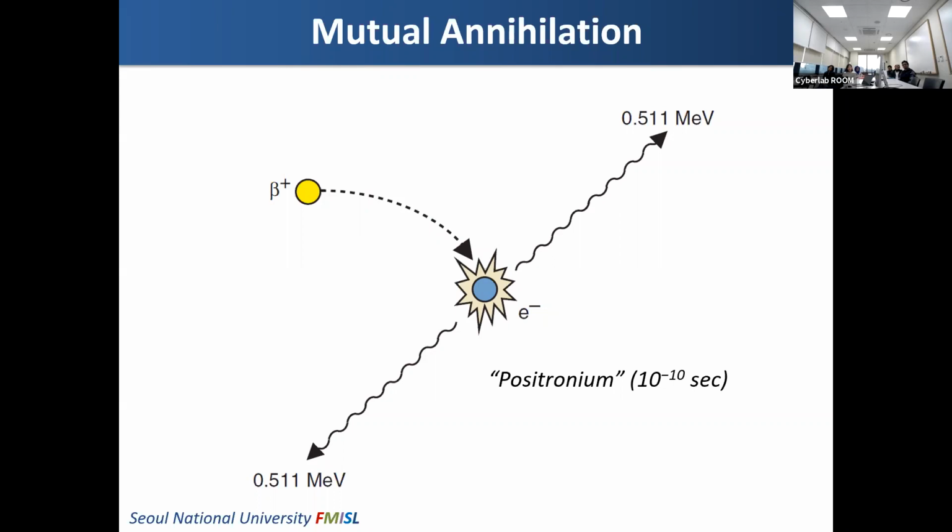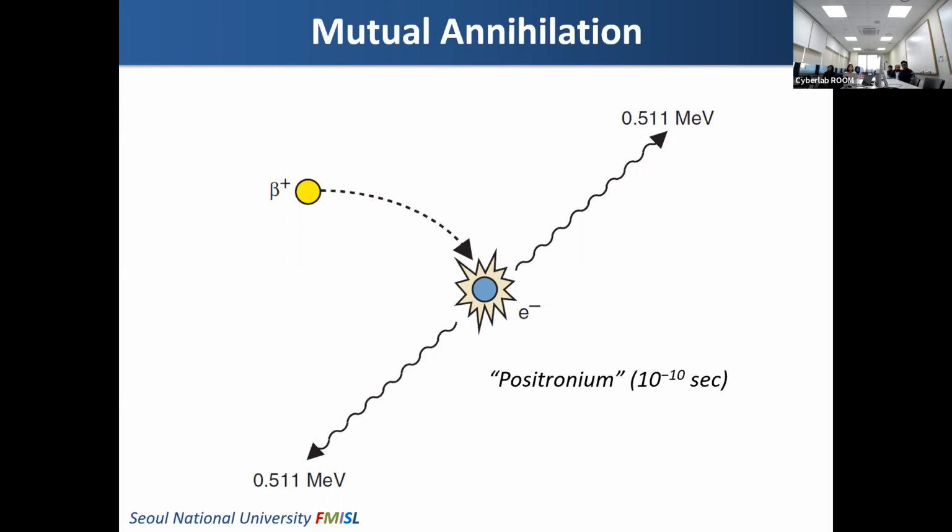This is very good. That is because this energy originates from the mass of the electron and positron, which is constant, so it yields the same energy level.